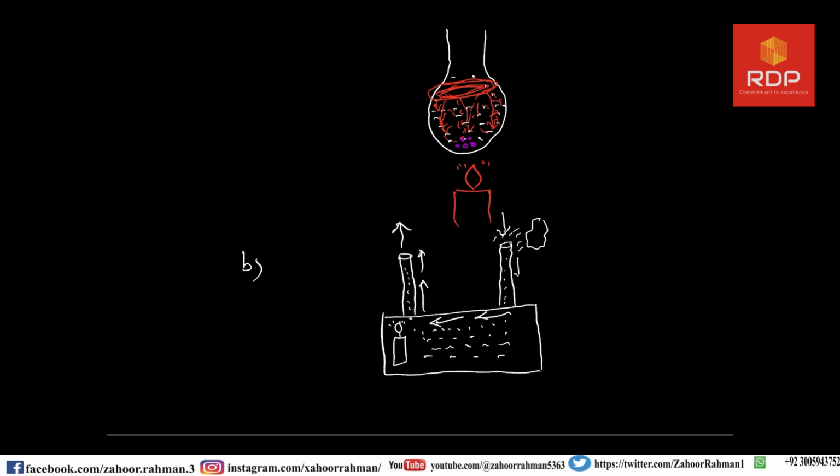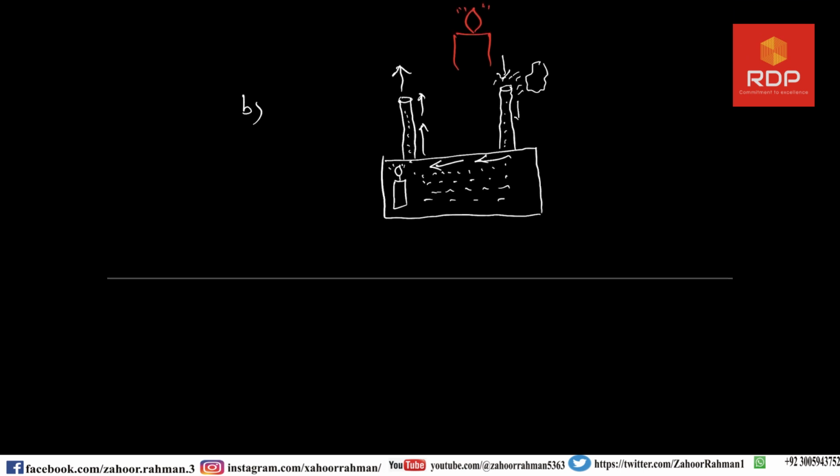So it means that a convection current is set up in the glass box, and this means that the medium particles are moving from one chimney to another chimney.